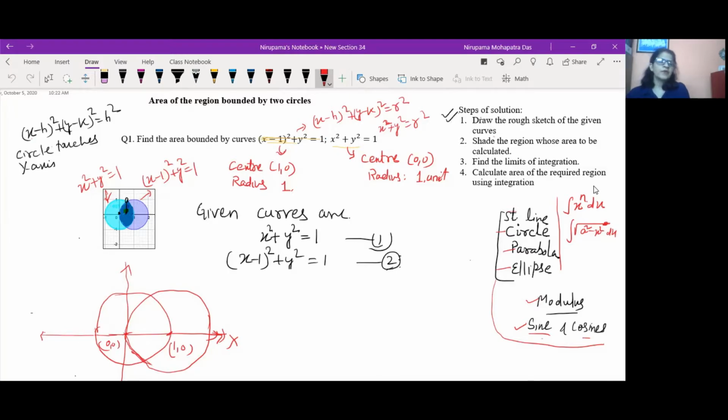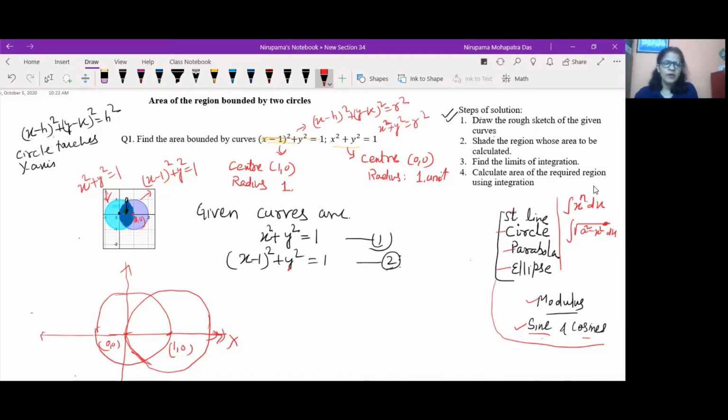One circle is x square plus y square equal to 1, center at (0, 0), radius 1 unit, so this point is (1, 0). The other circle, (x minus 1) whole square plus y square equal to 1, has center at (1, 0) and radius 1 unit.